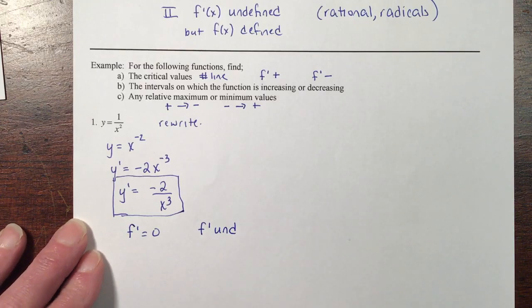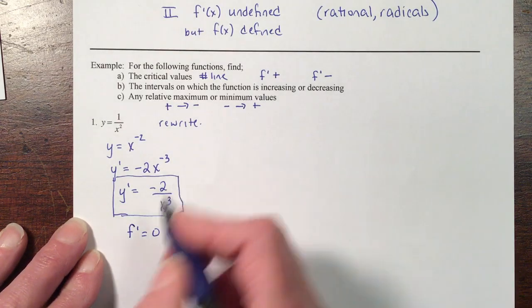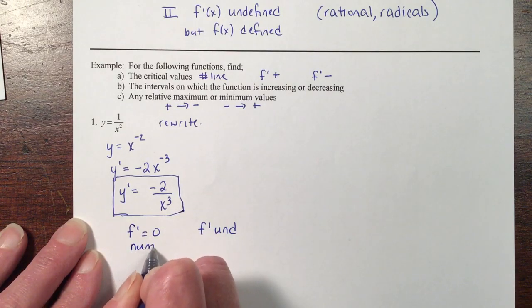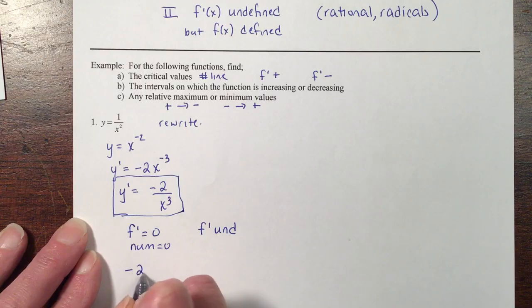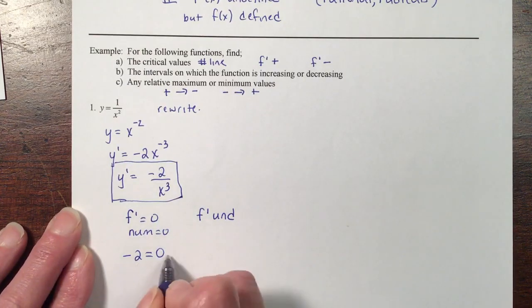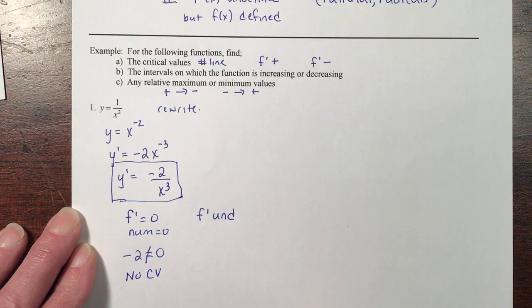To find where the derivative is 0, since it's a rational function, I want to set the numerator equal to 0. So I set negative 2 equal to 0. If you try to solve this equation, negative 2 can never be 0, so we don't have a critical value there. That's okay.